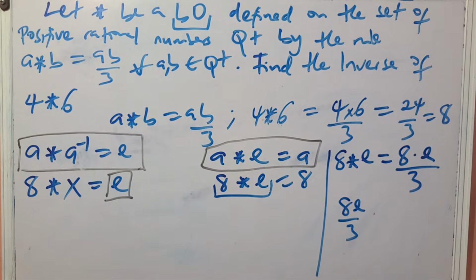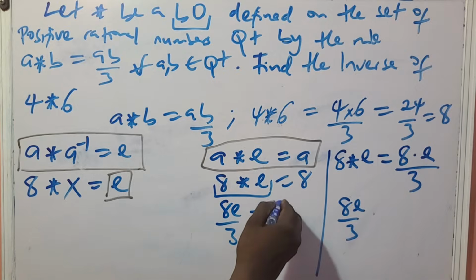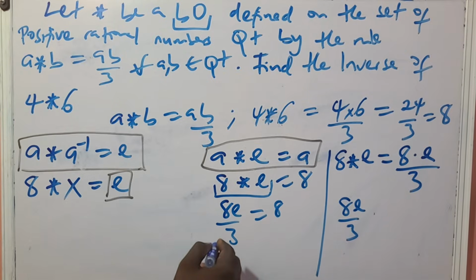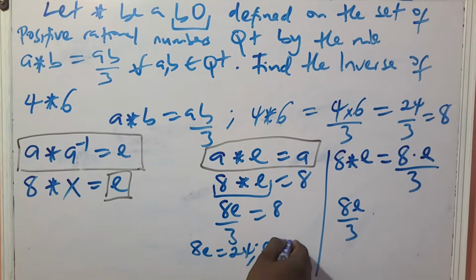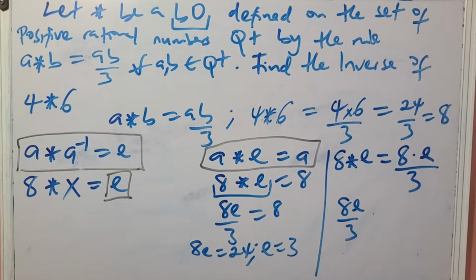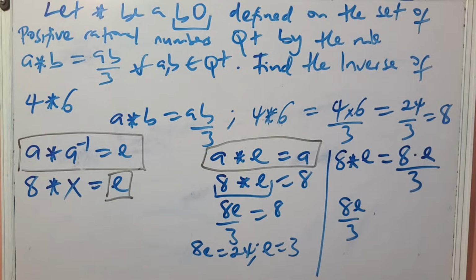So we'll bring it back here and say 8E over 3 is equals to 8. We want to find E. In this case, you can see that 8E is equals to 24. And E here is equals to 3. All right. So we have gotten now something very important.